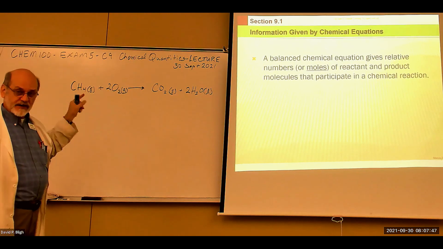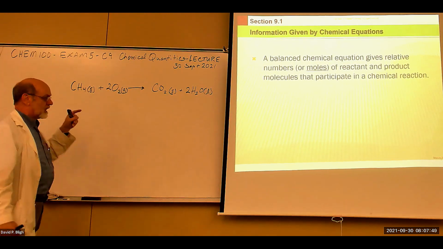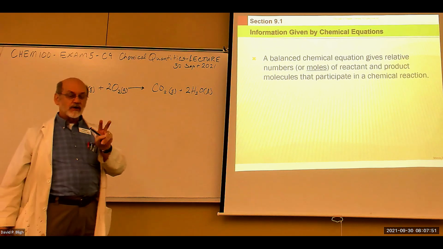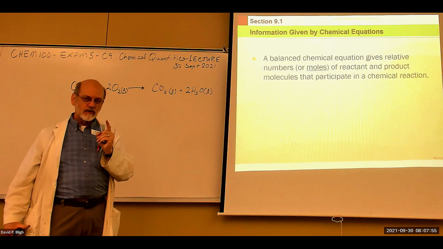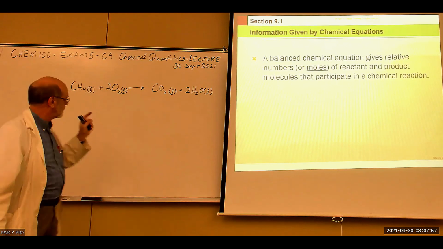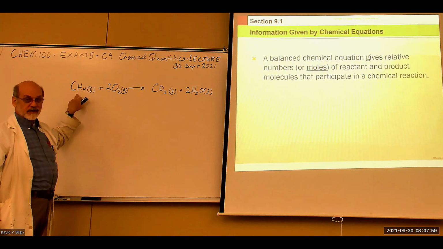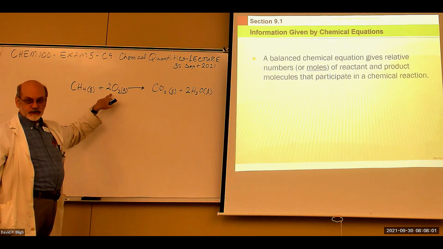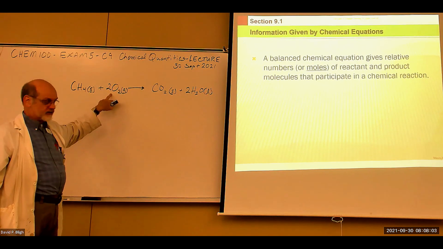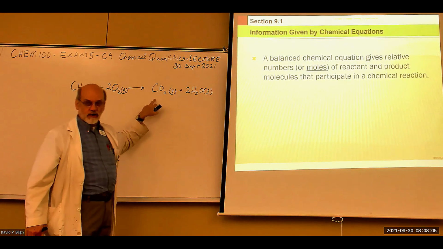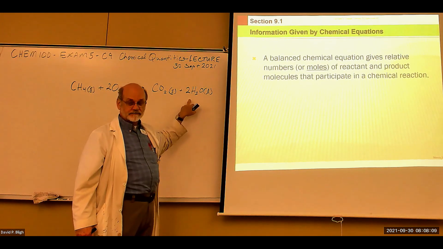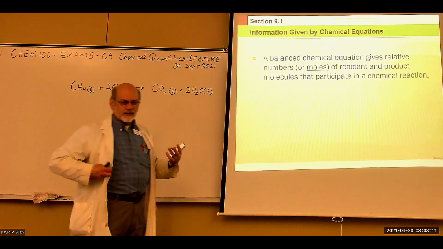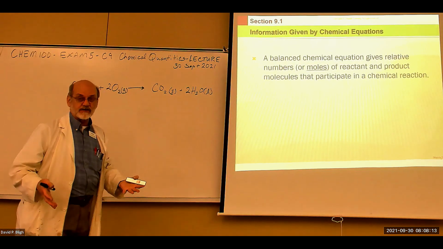And what that tells us is one of 2 things. You can look at it 2 different ways. You can look at it as individual atoms and molecules. So 1 molecule of methane reacts with 2 molecules of oxygen and gives us 1 molecule of carbon dioxide and 2 molecules of water. But that doesn't help us very much if we're going to do calculations.